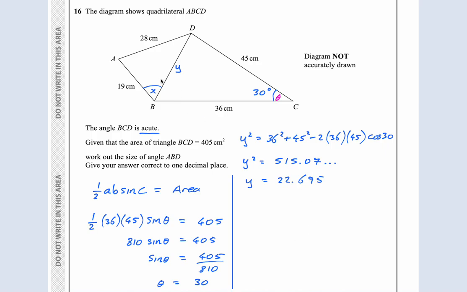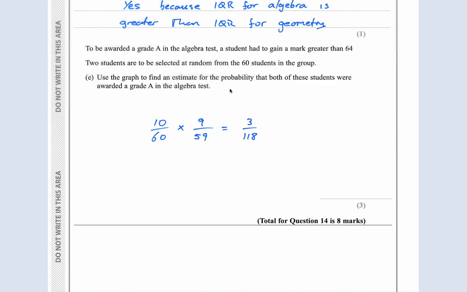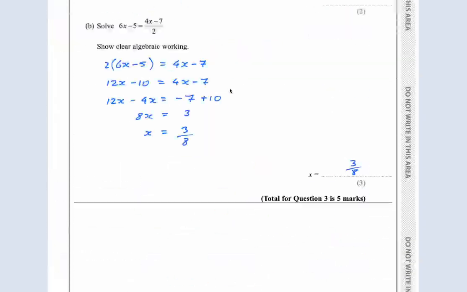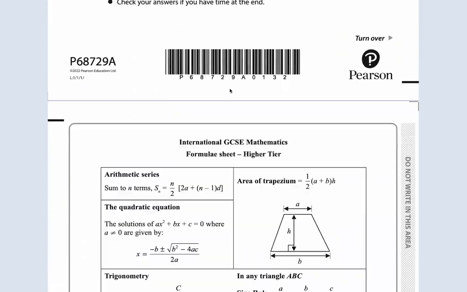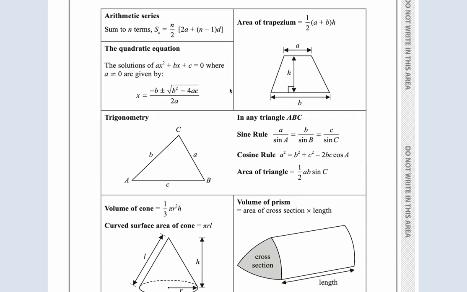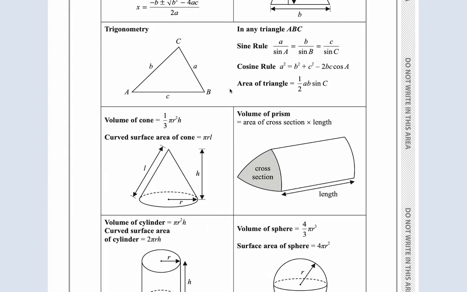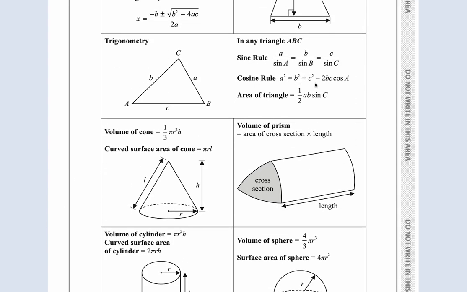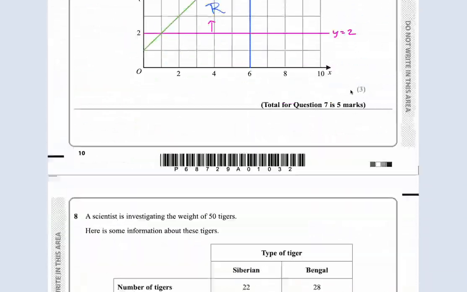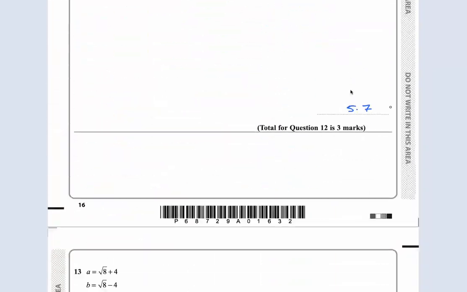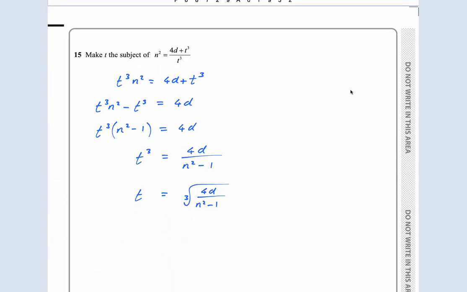So to get x, I'm going to use the cosine rule again. Now guys, if I just go back to here, they give me the cosine rule in this form, but they don't give it in the rearranged form. So I'm actually just going to show you how to rearrange this formula, and it's probably worth just remembering that formula.